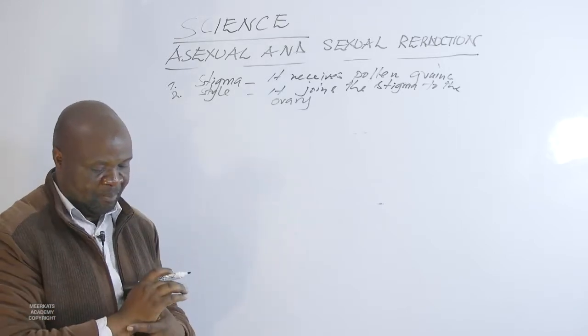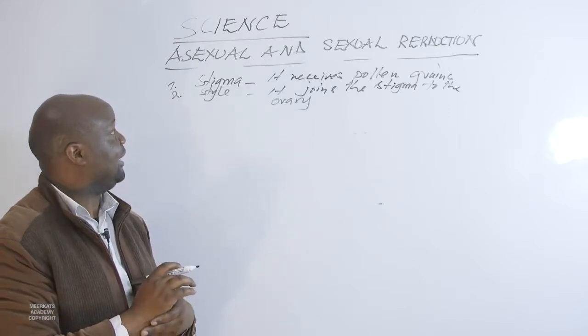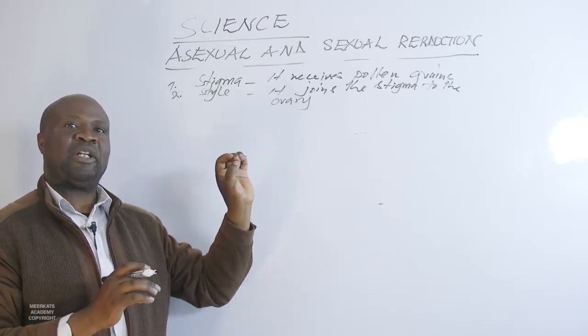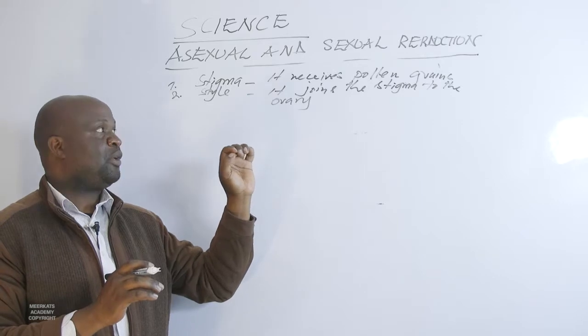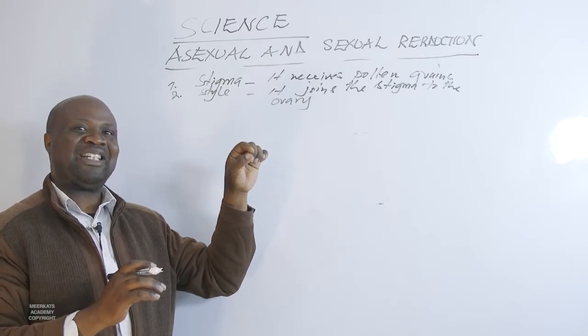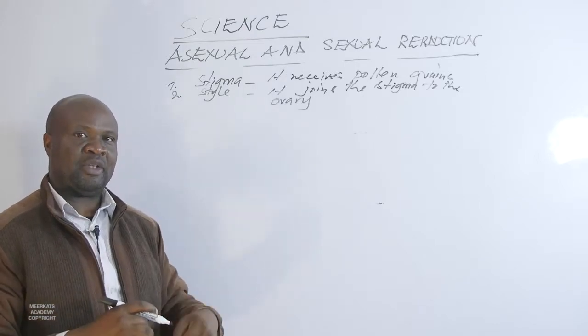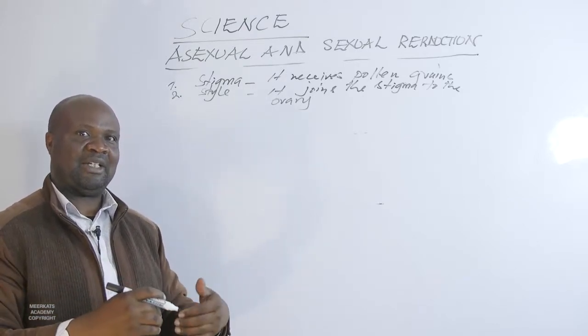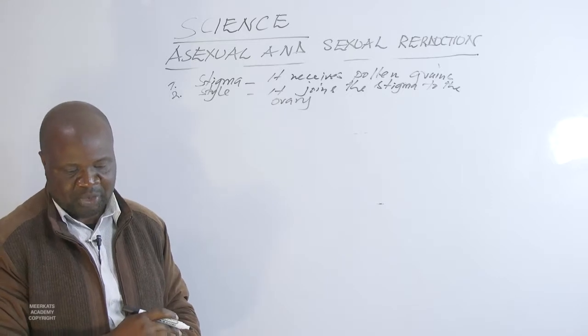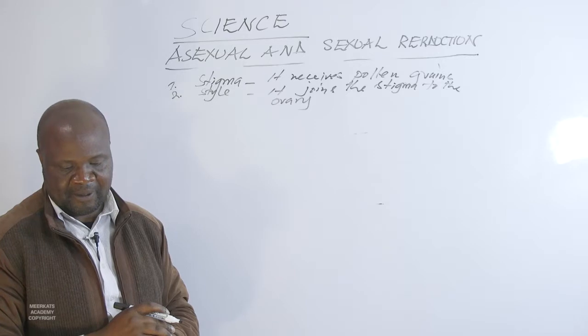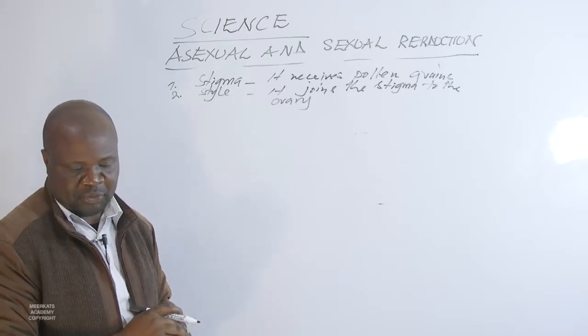When the pollen grains fall on the stigma, they are able to germinate a tube that goes through the style to the ovary so that fertilization can take place. So the style joins the stigma to the ovary, and the pollen tube grows through it.